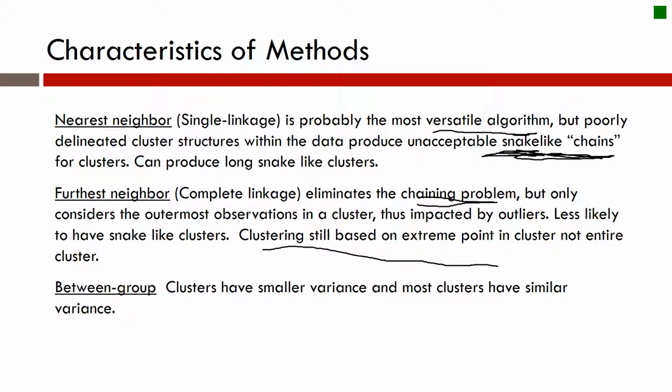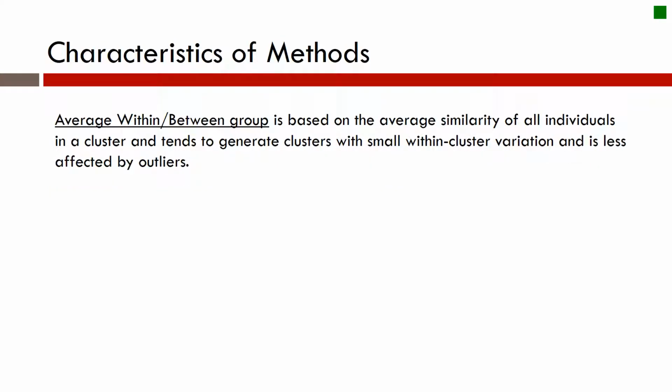Other methods include the between and within group methods, where we deal with clusters that have small variance versus clusters that have large. Ideally we want to form clusters, and for the observations that fall within the cluster, we want to minimize the observation distance within these individual clusters.